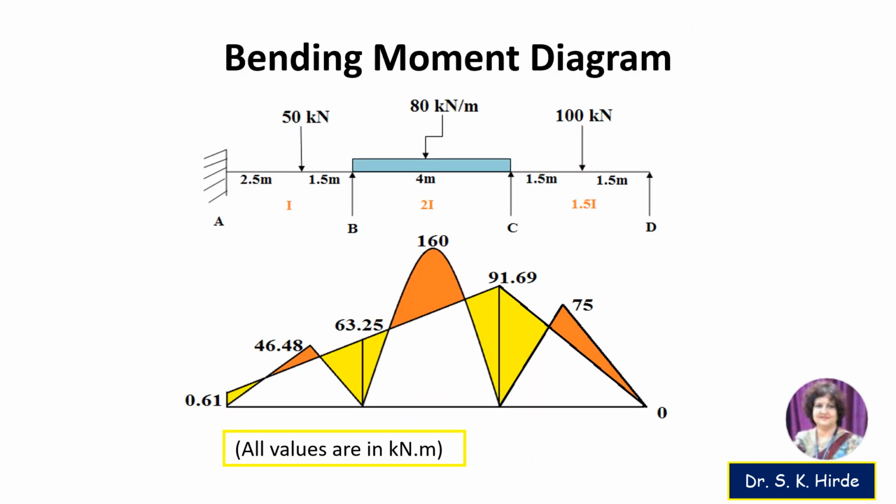So in this way you will get the diagram. Positive diagram is shown by orange color and negative diagram is shown by yellow color. So in this way you can draw the bending moment diagram if you get the values of bending moment using any of the force method.